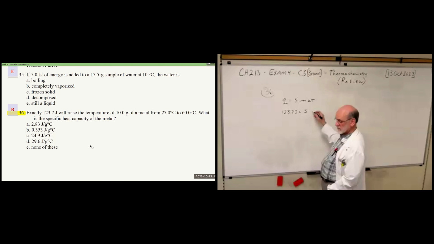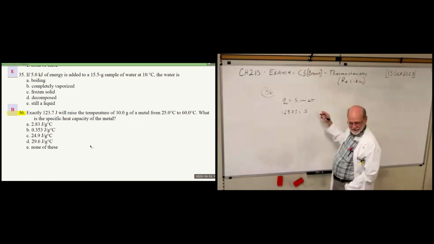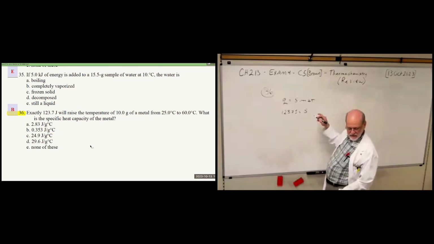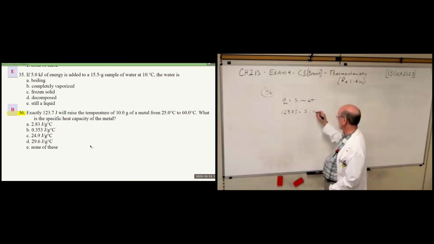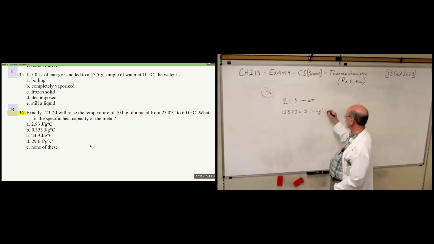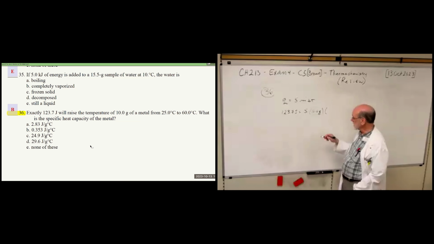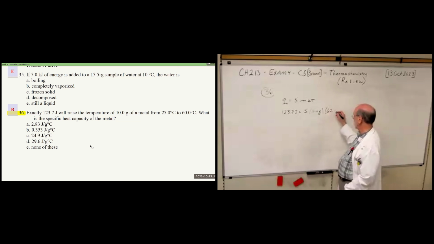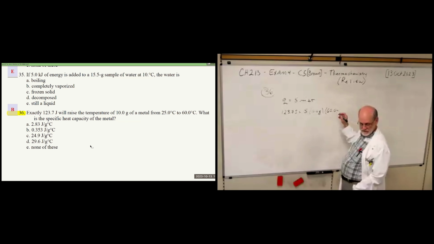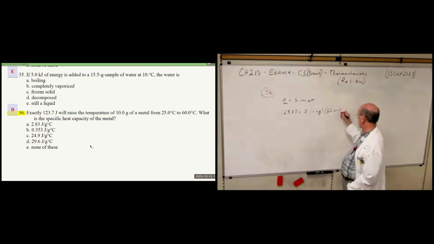Heat capacity there, and mass is 10 grams. And change in temperature, final minus initial. Final is 60, minus initial 25.